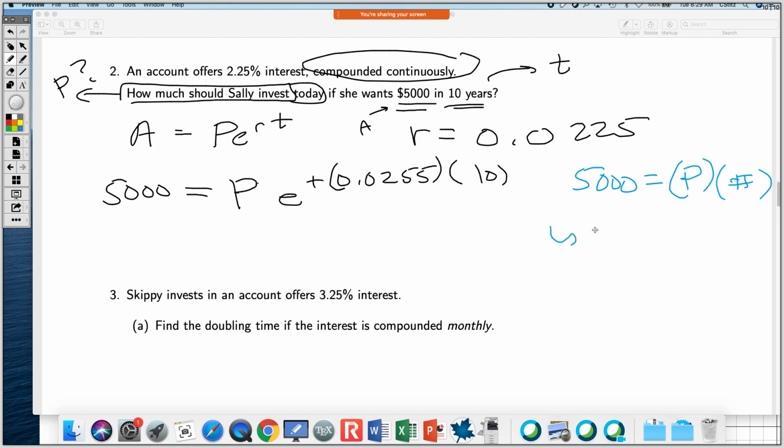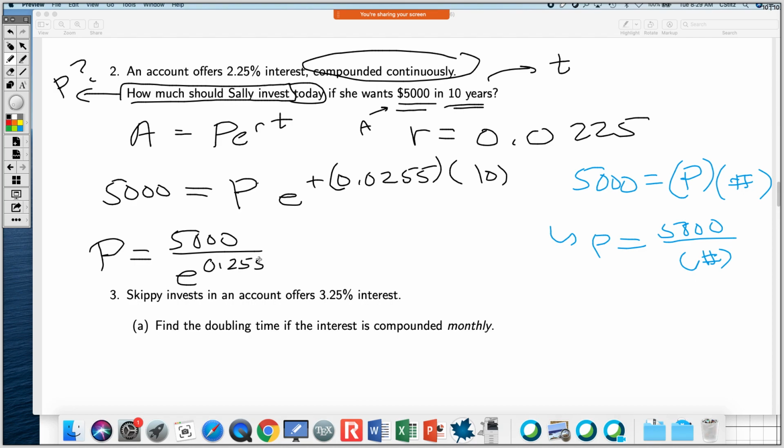So to solve for P, I would take 5,000 and divide by that number. So that's all that happens. So my answer for P would be 5,000 divided by E to the, and I can multiply the exponents here because I'm multiplying by 10. So all that's going to do is take 0.0225 and make that 0.225. And once again, we're going to go to Desmos to get a decimal approximation for this.